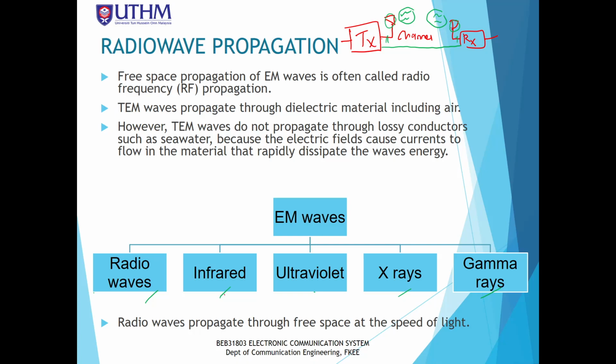Infrared is normally used in optical systems, which is at higher frequencies, in the gigahertz. Ultraviolet is higher frequency, X-rays much higher, gamma rays much higher frequencies. So moving to the right side, the frequency is going to be much higher.